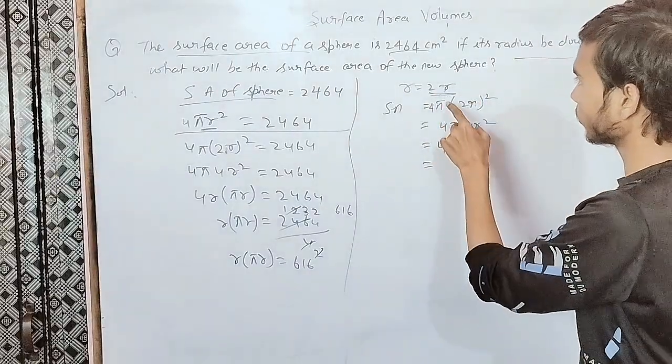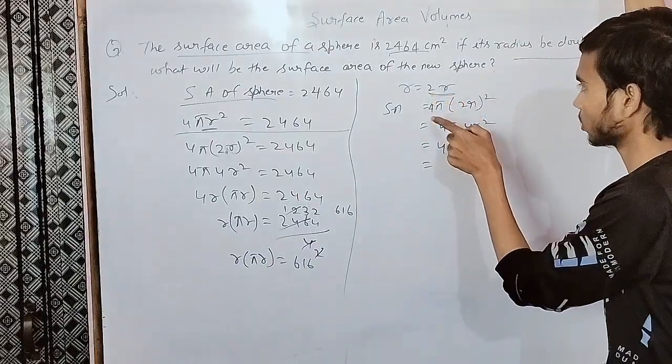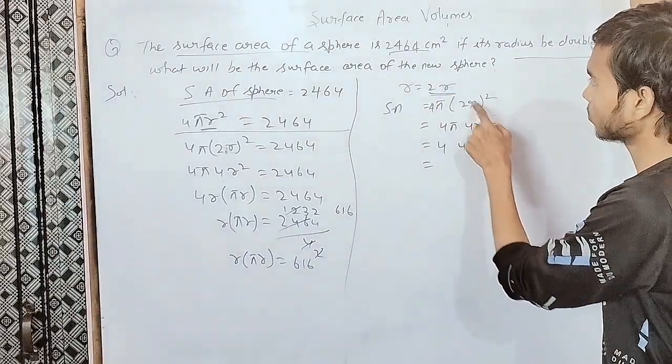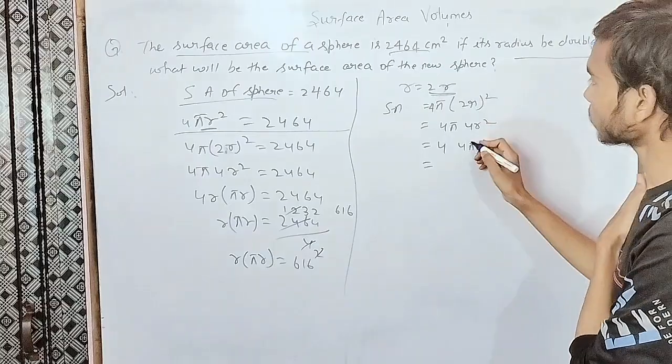So when we double the radius, it became 2r.